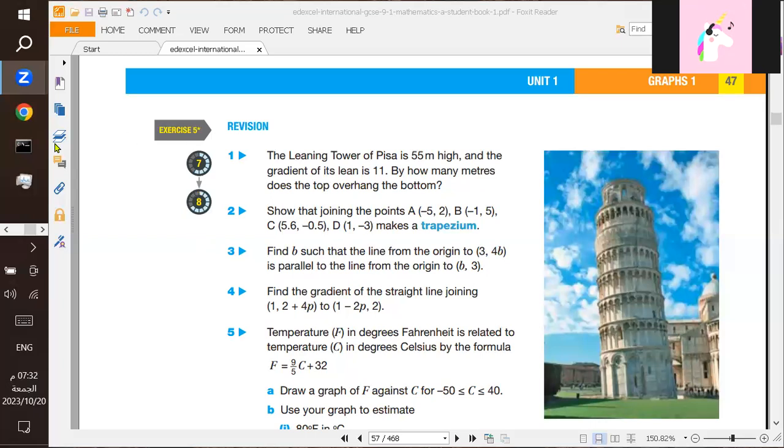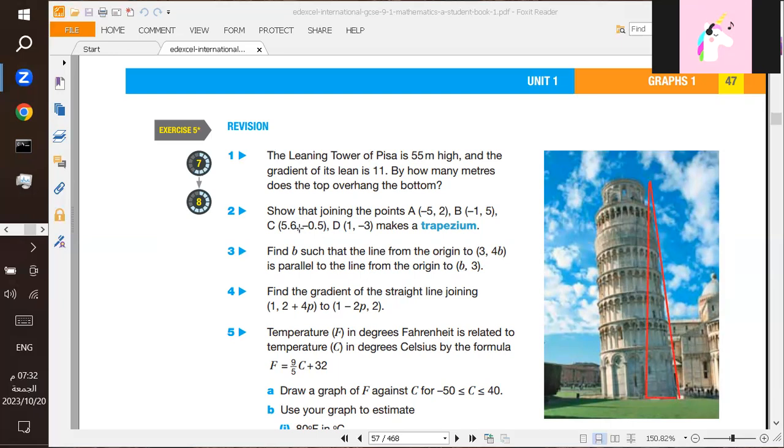That's the idea. So basically, we're drawing a triangle. For example, this is the triangle. It's going to be like this. This is the leaning part. This is the height. So basically, we're drawing a triangle.